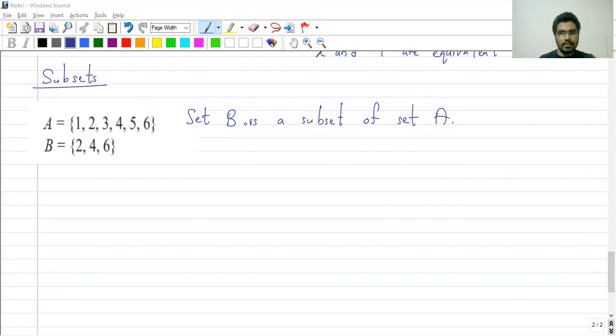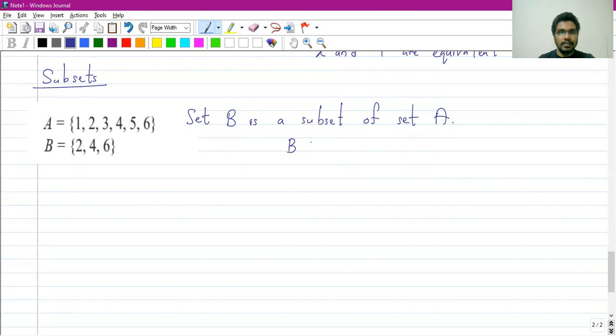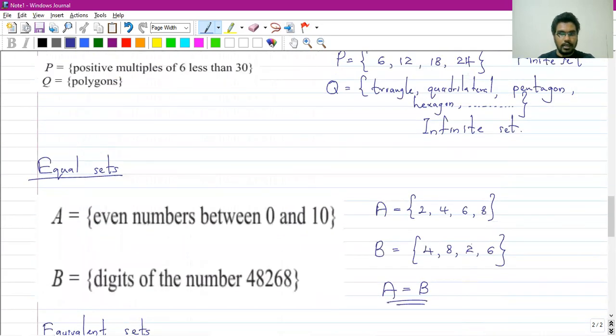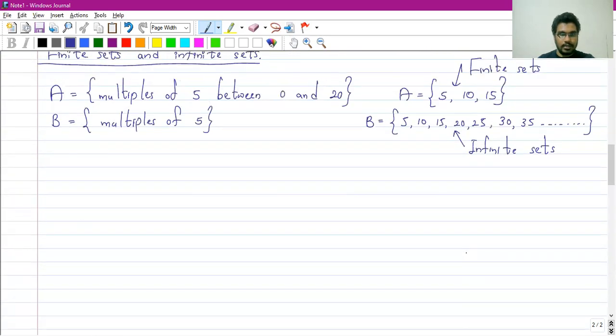Yes, so there is a special notation for this, how to denote this subset. We can write it like this. B is a subset of A. In the previous lesson we have learned element.